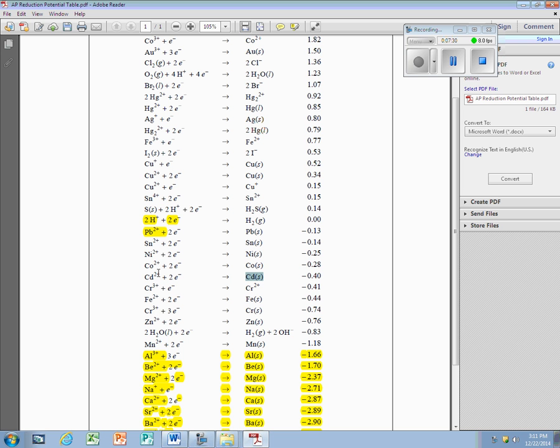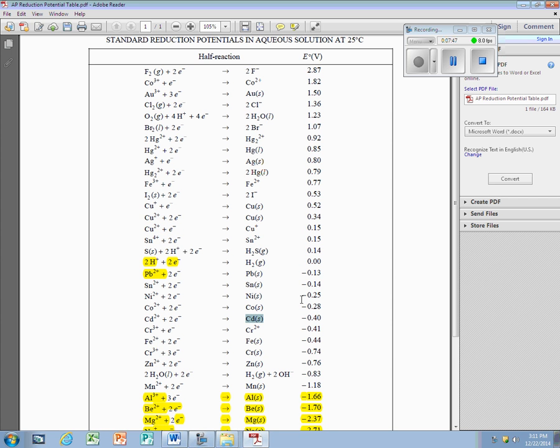And that's how we would write the reaction: 2H plus cadmium arrow produces hydrogen gas plus cadmium plus 2. By putting the ion next to the species, it's understood that the ion is in solution.